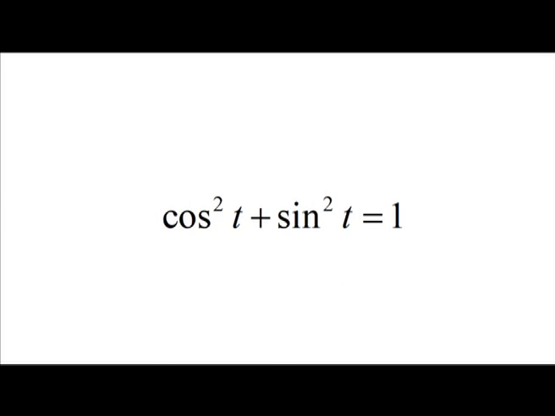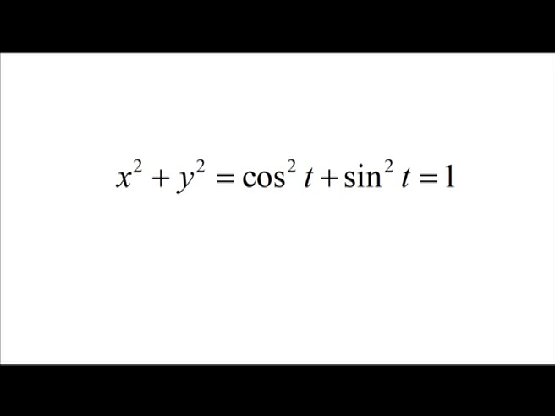The presence of cosine and sine functions in the parametric equations gives us an intuition that the trigonometric identity cos square t plus sin square t is equal to 1 will be helpful to find the Cartesian equation of the curve. Now, using the parametric equations x is equal to cos t and y is equal to sin t, we obtain x square plus y square is equal to cos square t plus sin square t is equal to 1.